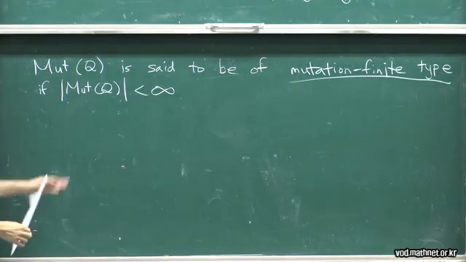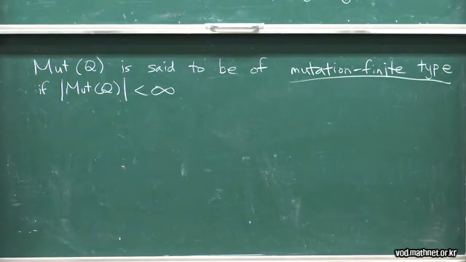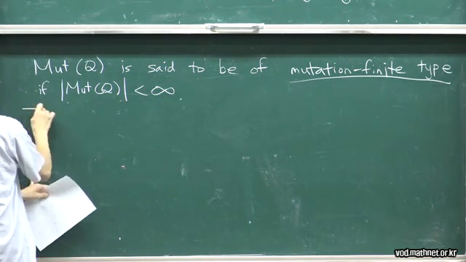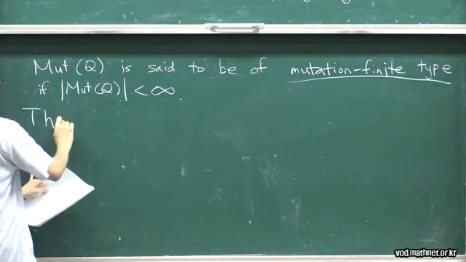I'll just give a name for this particular class, mutation finite type. And then the classification is as follows.